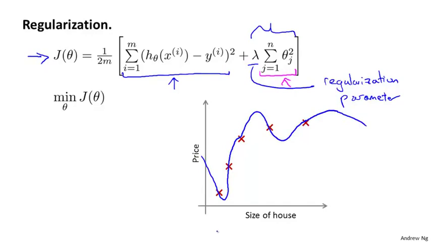If you still fit a high order polynomial with all the polynomial features in there, but make sure to use this regularized objective, then you can get a curve that isn't quite a quadratic function, but is much smoother and much simpler, maybe a curve like the magenta line that gives a much better hypothesis for this data. Once again, I realize it can be difficult to see why shrinking the parameters can have this effect, but if you implement this algorithm yourself with regularization, you will be able to see this effect firsthand.